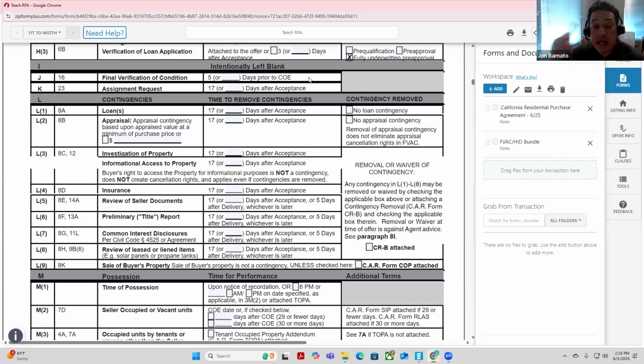All right, two things. One is, if you had a request for repairs on that contract and the seller had agreed to do repairs to the home prior to close of escrow, that should be documented and verified at the final walkthrough.